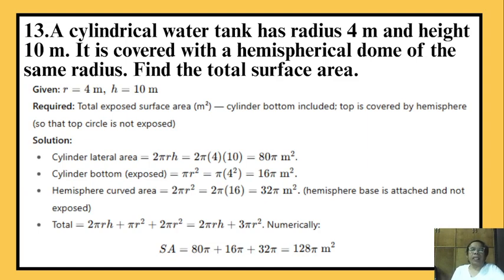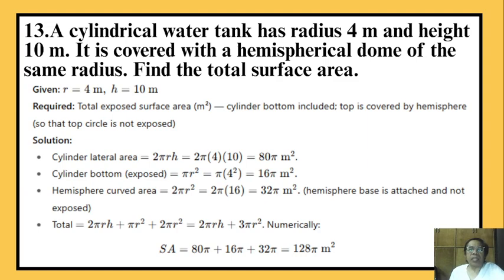And then, the total surface area of that cylindrical water tank is 2 pi r h plus pi r squared plus 2 pi r squared, and that is equal to 2 pi r h plus 3 pi r squared.